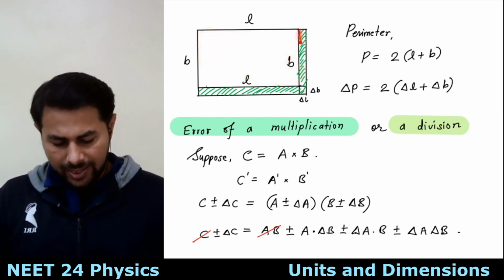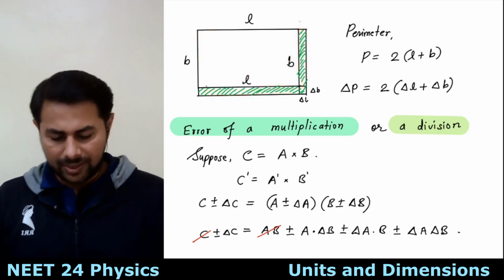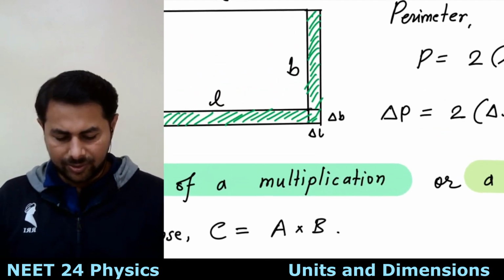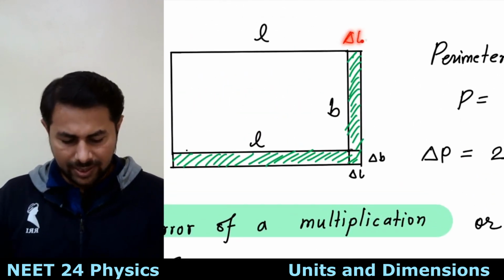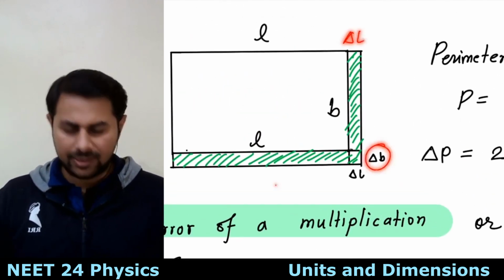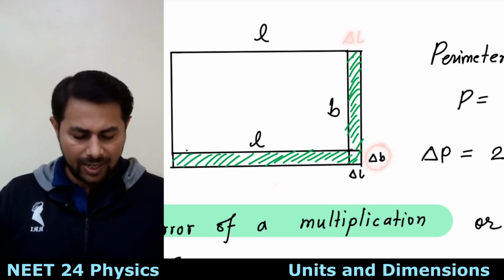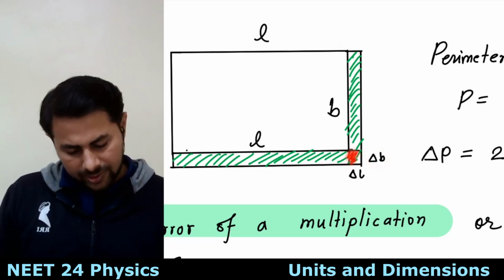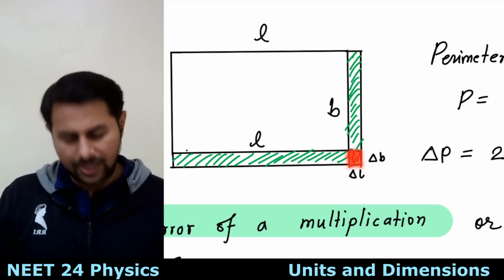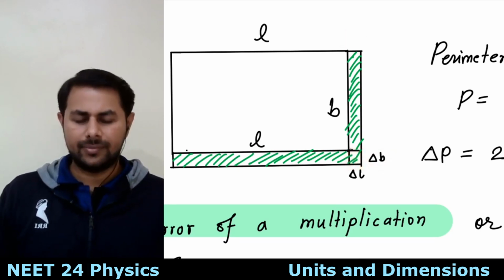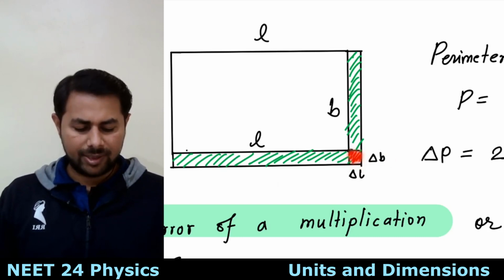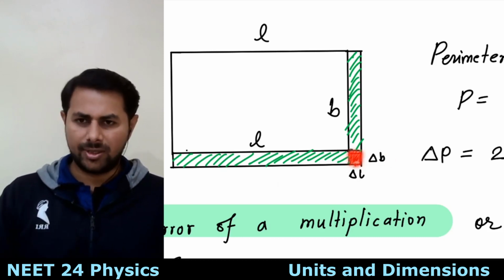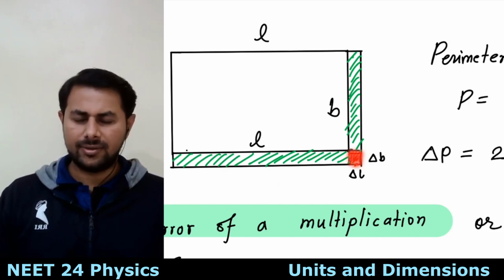Okay, and this is the extra area that you are measuring. Out of that, this is delta L, and this thing is delta B. So what is delta L times delta B? It is just this small rectangle. This is delta L times delta B, right? It's very small. This thing is clear?